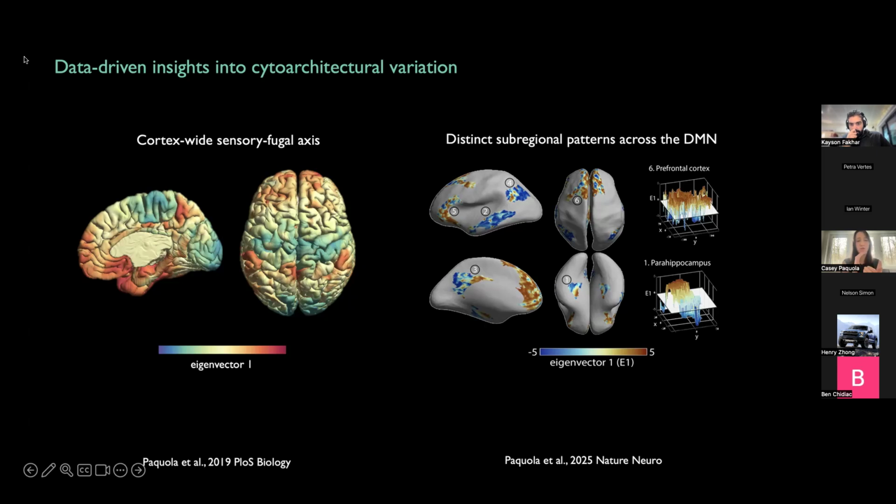And that contrasts with this gradual convergence that we see in the parahippocampus. So the different patterns of cytoarchitecture across the default mode could be related to different types of information integration occurring across the subregions of the default mode. And I think that speaks to the possibility that that's what makes it useful for the default mode to contain all these different areas, because they're contributing something different to the overall integration of information.